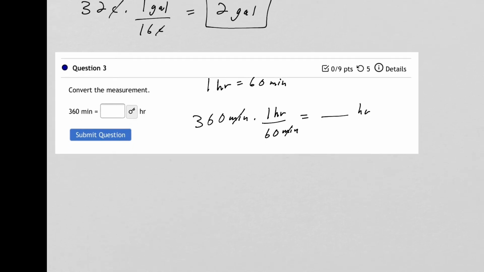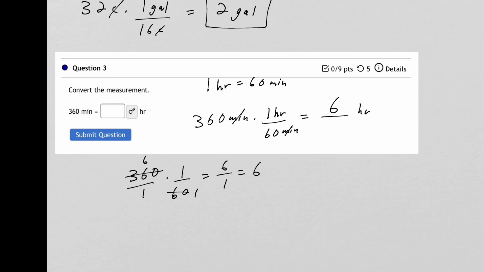If I multiply this out, this is really 360 over 1 times 1 over 60. You can simplify a little bit. 60 goes into 60 once. 60 goes into 360 6 times. So 6 times 1 is 6, 1 times 1 is 1. So this is just going to be 6. So 360 minutes is the same as 6 hours.